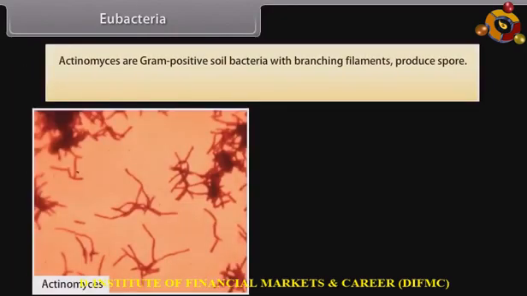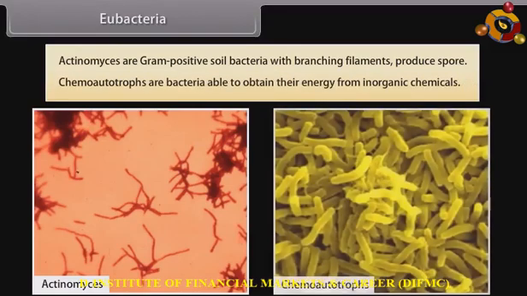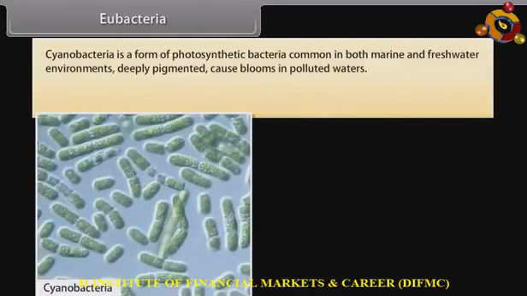Actinomyces are Gram-positive soil bacteria with branching filaments that produce spores. Chemoautotrophs are bacteria able to obtain their energy from inorganic chemicals. Cyanobacteria is a form of photosynthetic bacteria common in both marine and freshwater environments, deeply pigmented, which cause blooms in polluted waters.